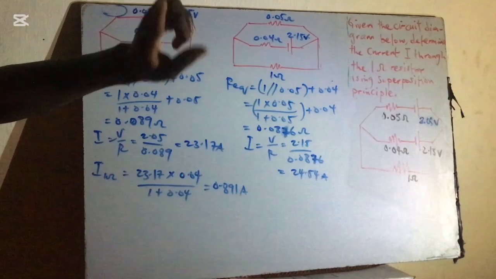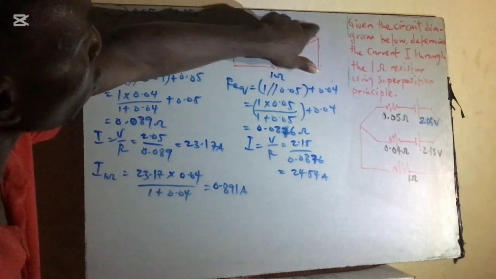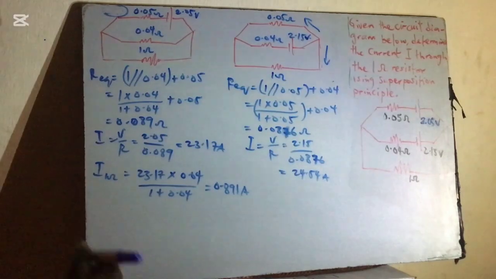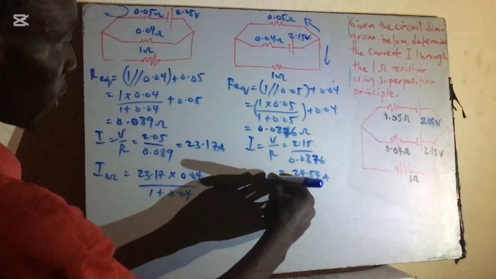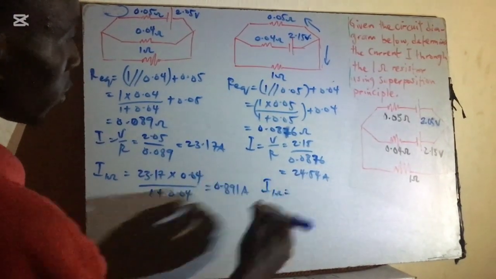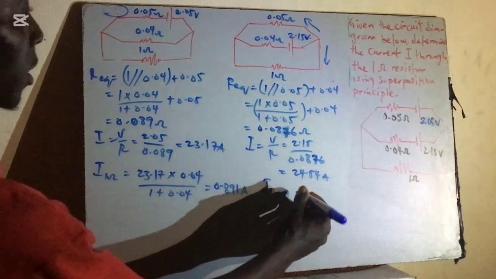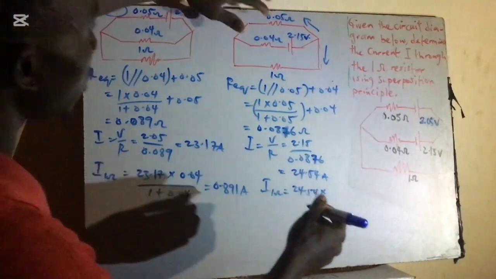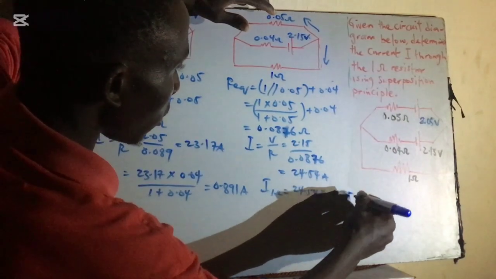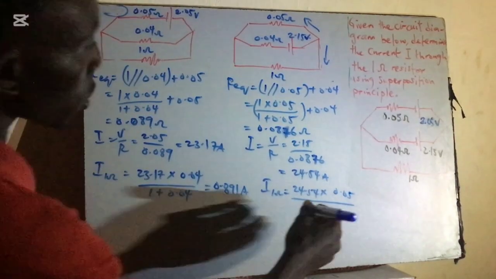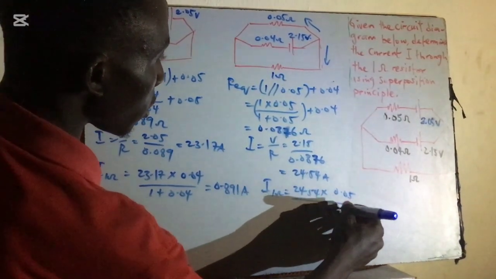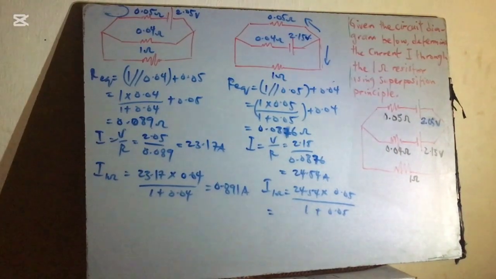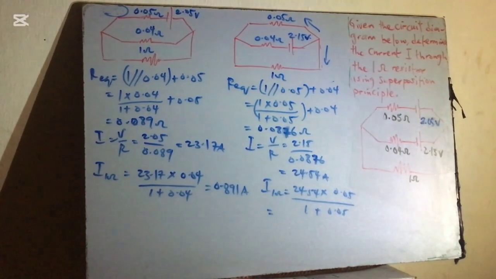So we are going to use another current divider. One current flows through this place, and the current splits here. So we are using the current divider. I'll just say the current in the 1 ohm resistor, just like the way we did here, is the total current, 24.54, multiplied by the other resistor, over the sum of both, 1 plus 0.05. Let me calculate that on our calculator.